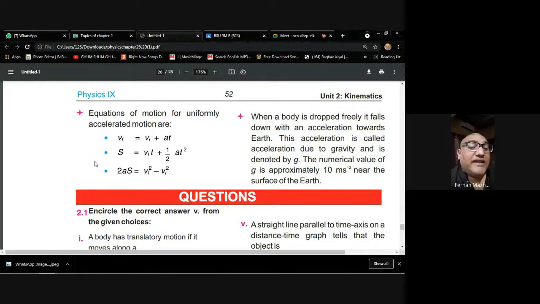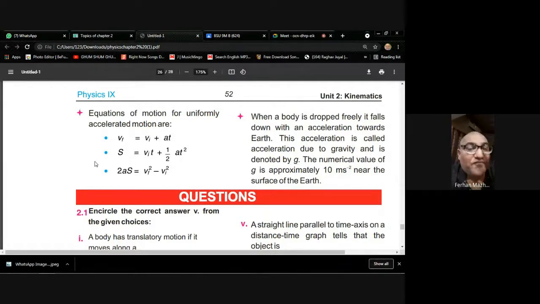Another important thing is that if the body is moving vertically, what do you mean by vertical? Vertical means if the body is falling downward from some height, or if the body is being projected upward. For example, if you launch a rocket in the upward direction, or if a brick is falling from the roof downward, or that famous example of the apple falling from its tree towards the ground.